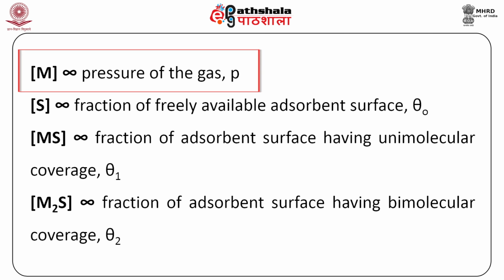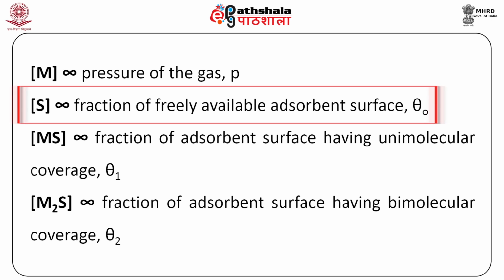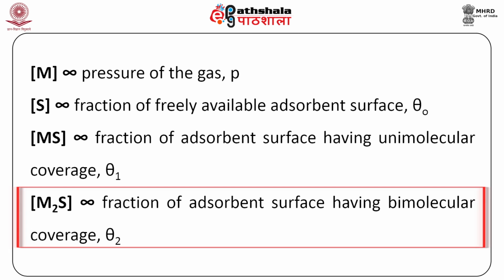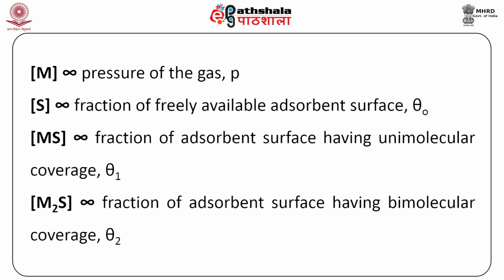Now, the concentration of M is directly proportional to the pressure of the gas P, and the concentration of S is directly proportional to the fraction of freely available adsorbent surface theta naught. MS is proportional to the fraction of the adsorbent surface having unimolecular coverage theta 1. M2S is directly proportional to the fraction of the adsorbent surface having bimolecular coverage theta 2, and so on.